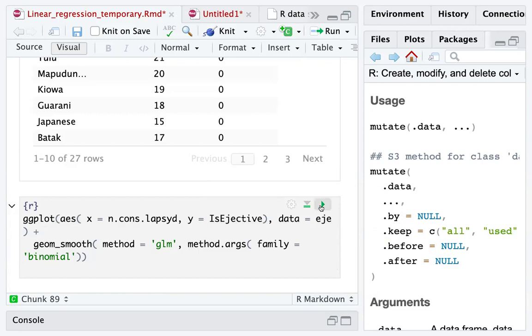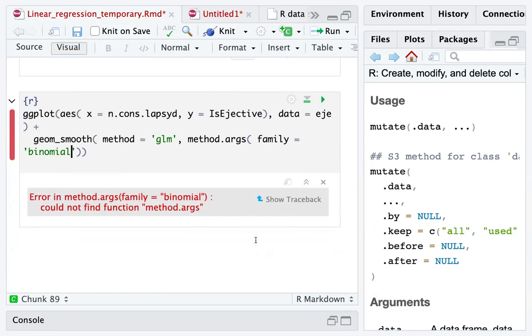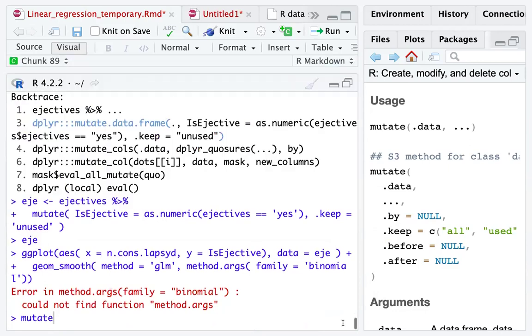So let me see what the errors are in this code. Method args, of course, is not a good way, so let me look for it.